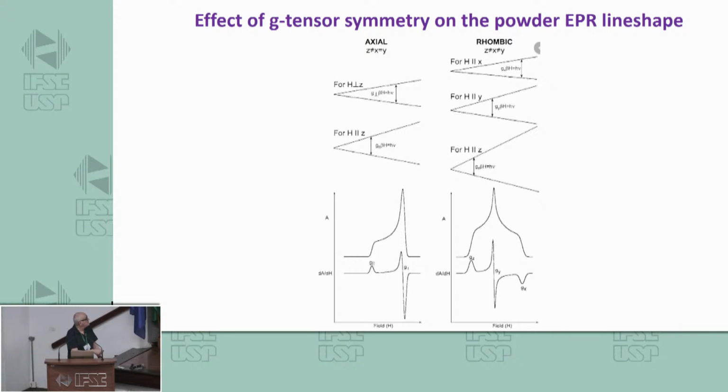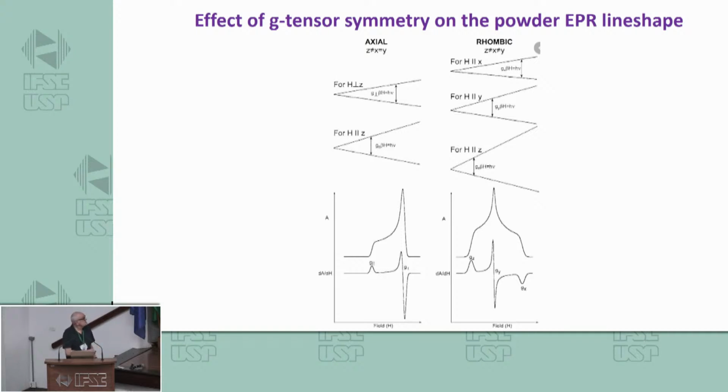But this one, parallel, is much less probable, so we get a small signal here. For this one, it's much higher probability, we get a larger signal here. And in the first derivative, we observe spectra like this. You can see here a maximum at this point, a 0 right at this point, and a minimum at the point of the highest slope, at the inflection point.